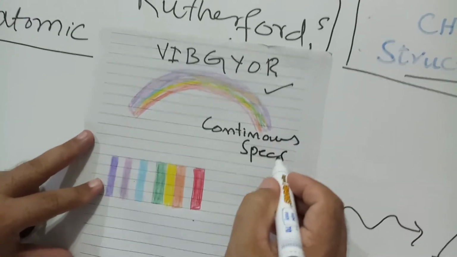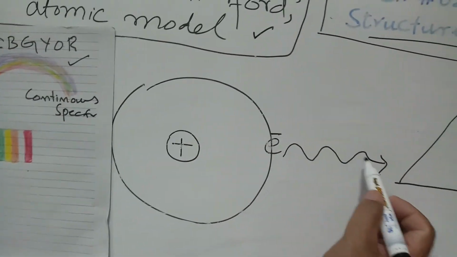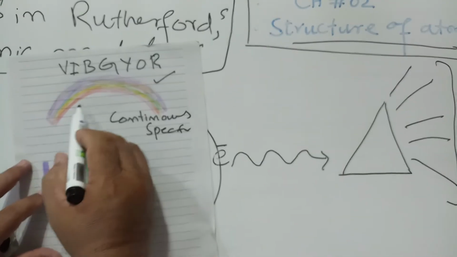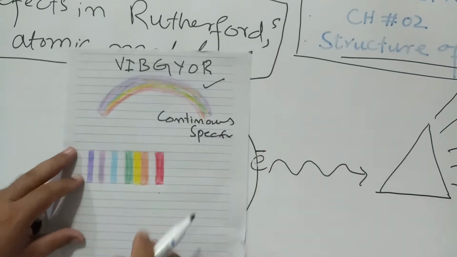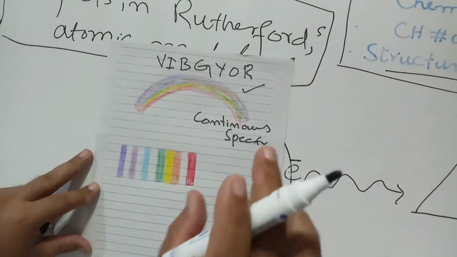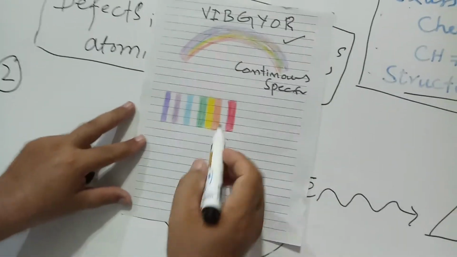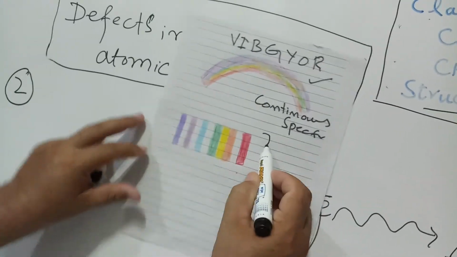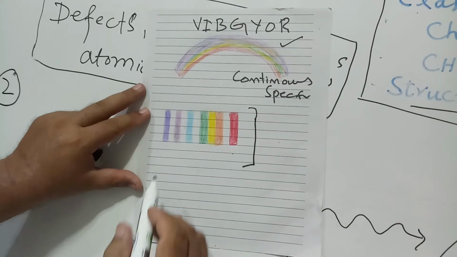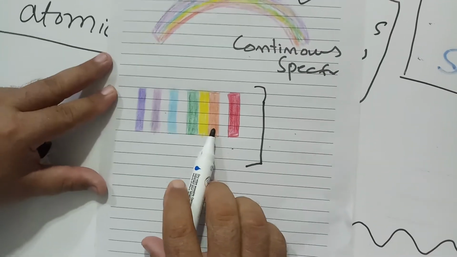So when the electron emits energy continuously, it should give us a continuous spectrum just like the rainbow. But the experiment shows that electrons do not give a continuous spectrum. It gives us a line spectrum. This represents the line spectrum. You can see violet, indigo, blue, green, yellow, orange, red.